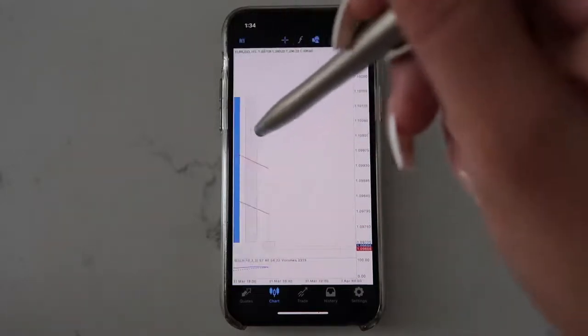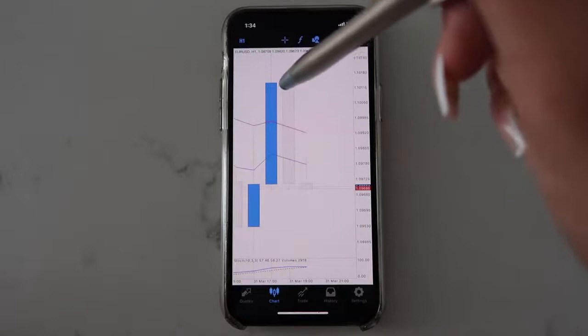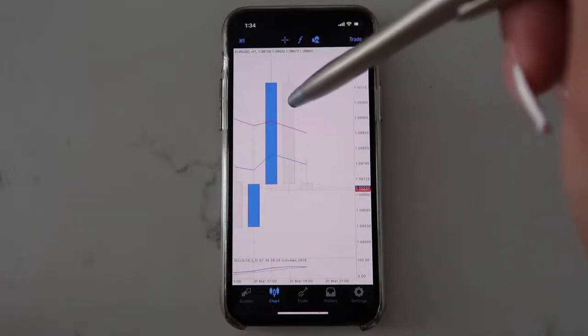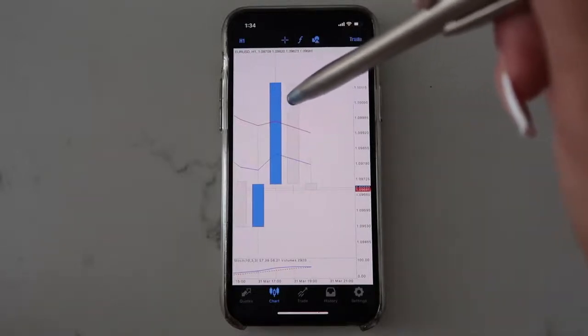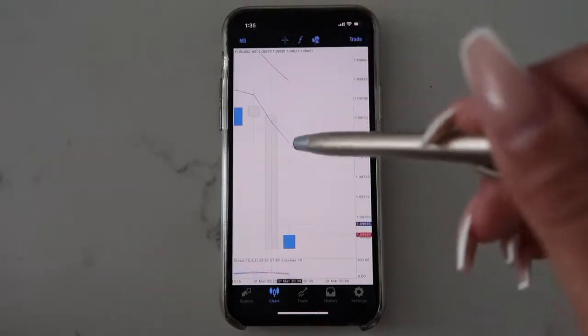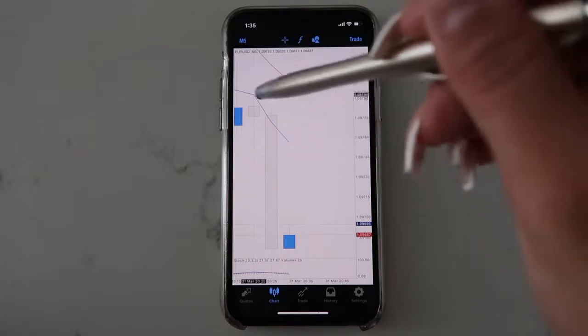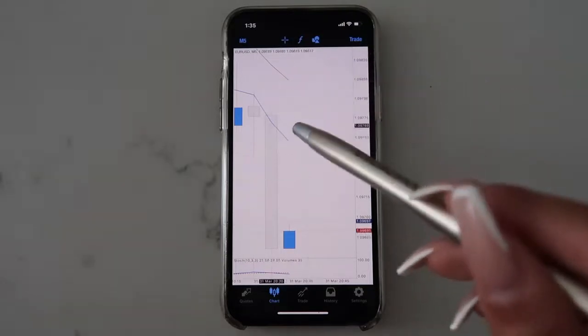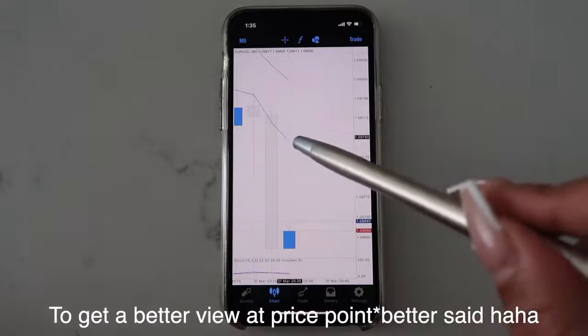Same thing for the hour candlestick. Every hour is 1 hour worth of price action. Next thing, we have your crosshair. Your crosshair is here just to point at things.